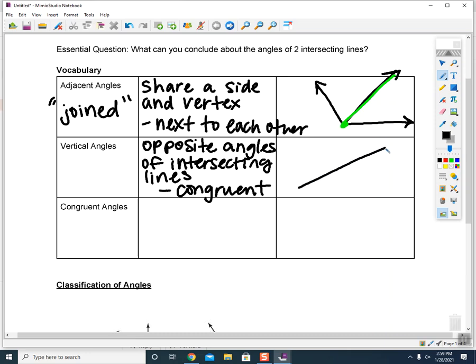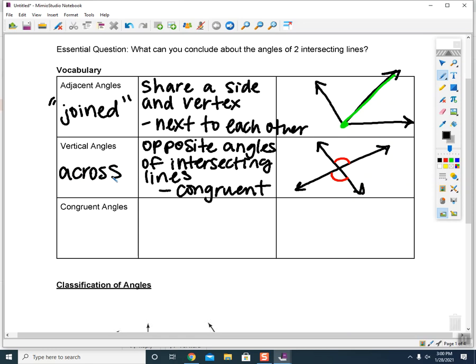If I have these intersecting lines here like this, vertical angles happen across from each other. So here is one angle, here's its vertical angle. It's across from the other one. Okay? So adjacent means joined, vertical if you want to write across, maybe that would help you remember.